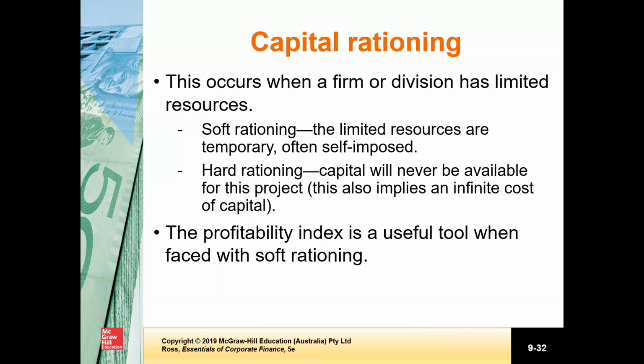Suppose we say that our required return is 20%. Implicitly, we are saying that we will take a project with a return that exceeds it. However, if we face hard rationing, we are not going to take a new project no matter what the return on that project is. So the whole concept of a required rate of return is ambiguous. About the only interpretation we can give this situation is that the required rate of return is so large that no project has a positive NPV in the first place.